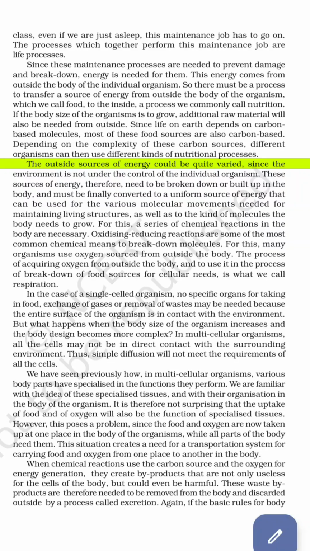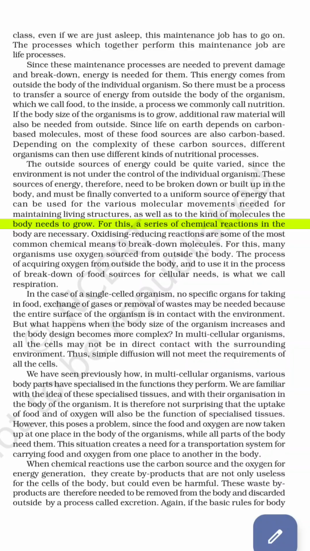The outside sources of energy could be quite varied since the environment is not under the control of the individual organism. These sources of energy therefore need to be broken down or built up in the body and must be finally converted into a uniform source of energy that can be used for the various molecular movements needed for maintaining living structures, as well as for the kind of molecules the body needs to grow.